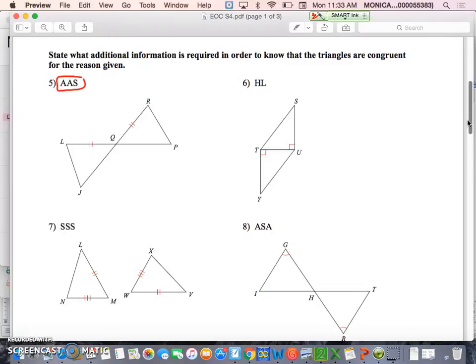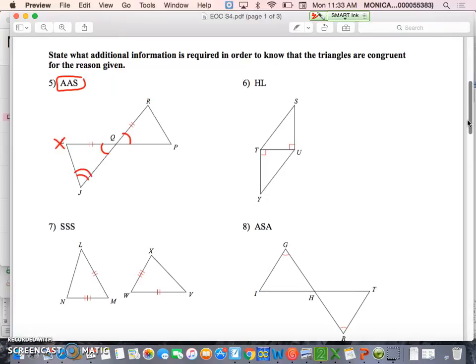And I know this angle is going to be congruent to this angle because it's a bow tie. So the other information that I need, well, if I did this angle, it would be angle, side, angle. So it's not going to be this angle. I want angle, angle, side, which I did wrong on your paper. So I'm going to have to cross that off.